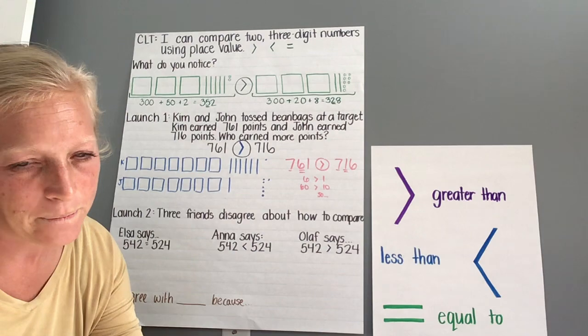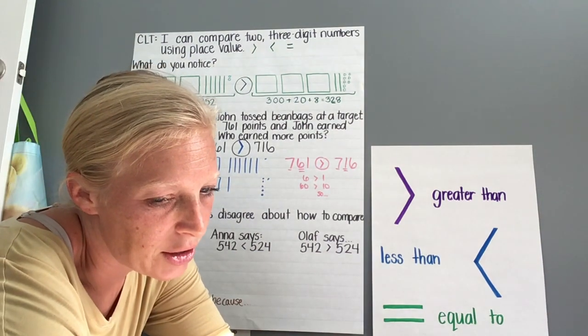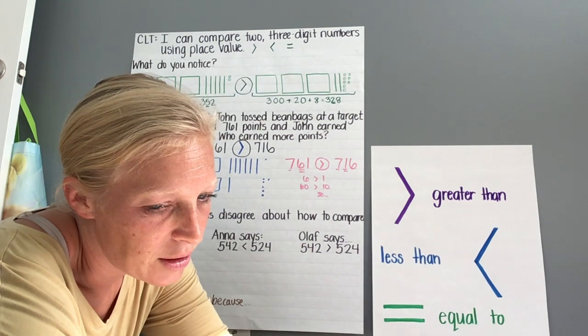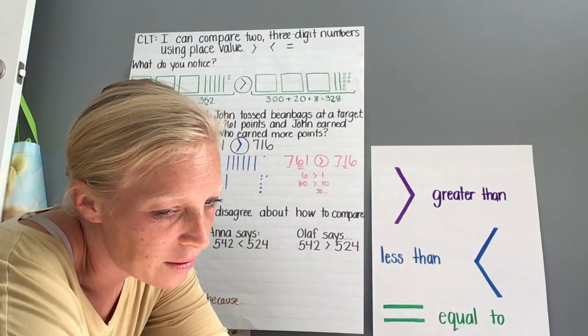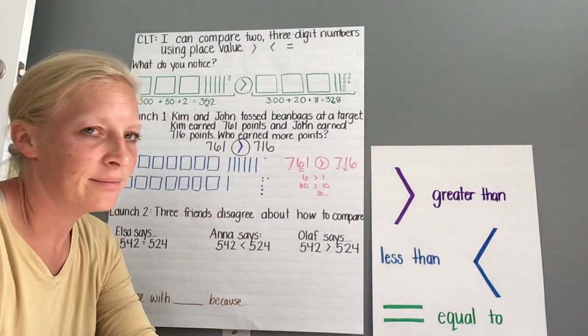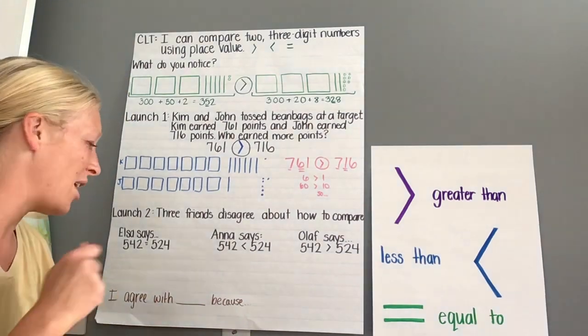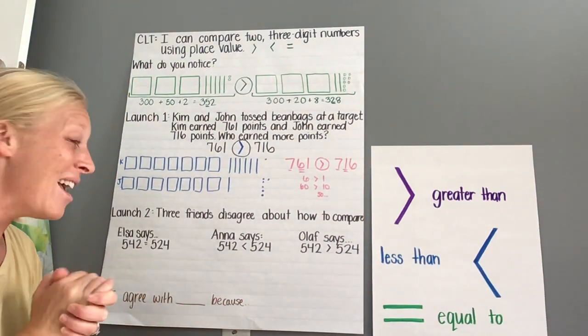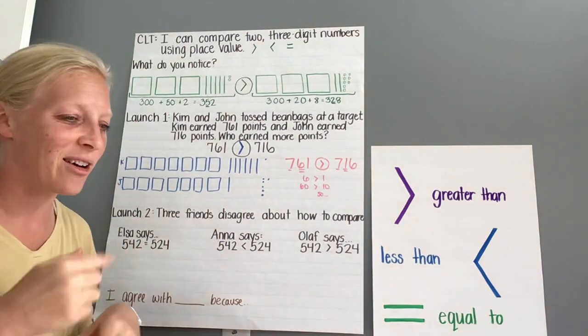Who do you agree with? How do you know? What was the other person's mistake? We got some good ideas going here. All right, let's bring it on back in second grade. Again, if you need more time, go ahead and pause our video and restart it when you're ready to listen in.